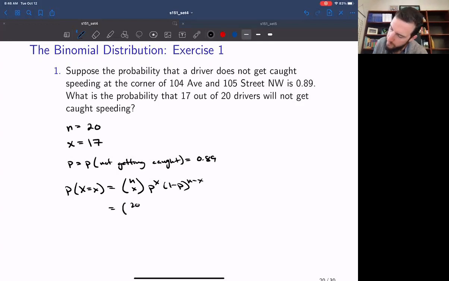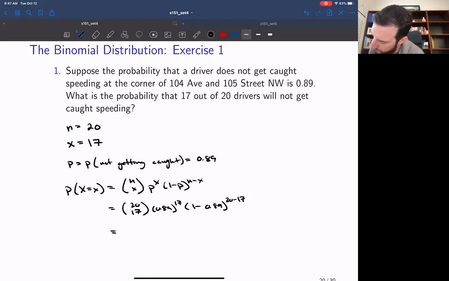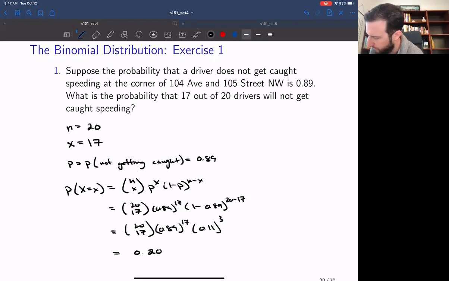So this is 20 choose 17, 0.89 to the 17, 1 minus 0.89 to the 20 minus 17. All right. So if we simplify this a little bit, we would have 20 choose 17, 0.89 to the 17, 0.11 to the 3, and that gives us 0.209.